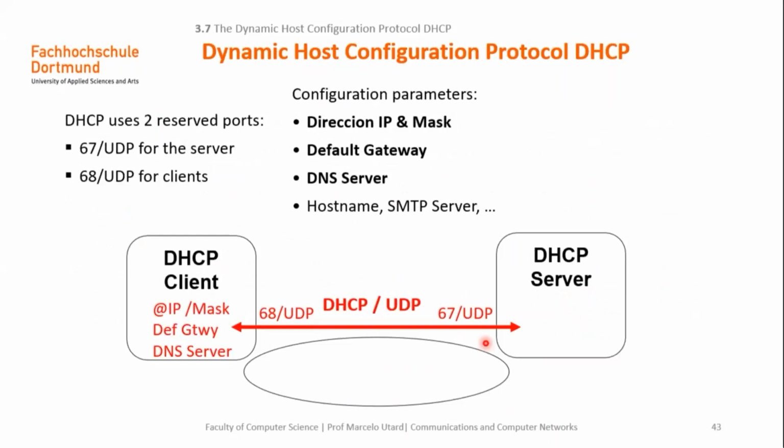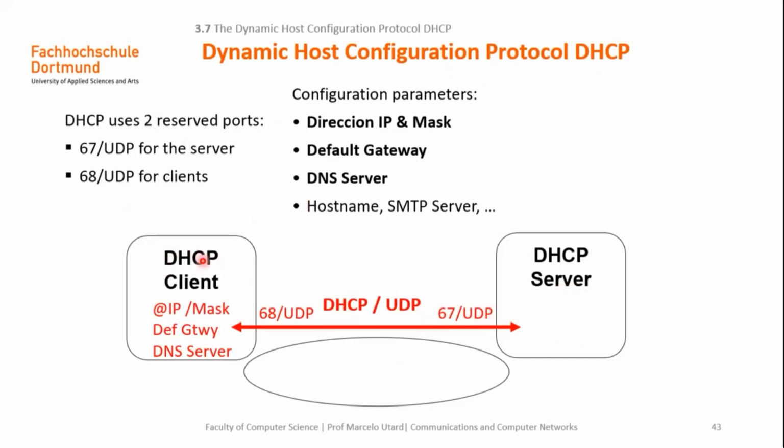Here we have a brief figure that illustrates all the information related to the DHCP protocol. That is, its client-server architecture. The server listens for the clients on port 67 of UDP.